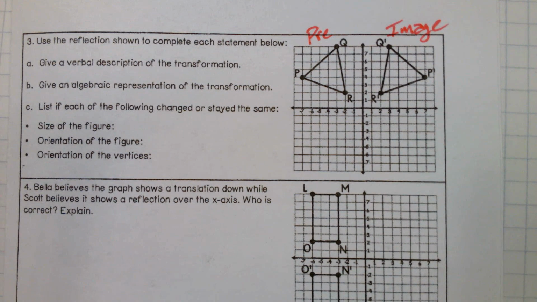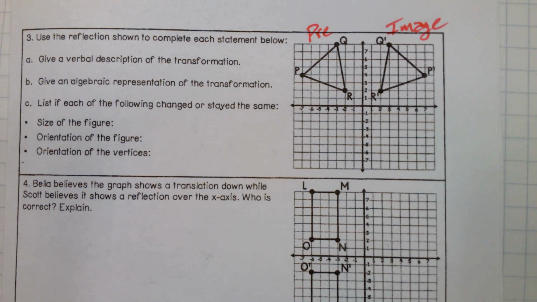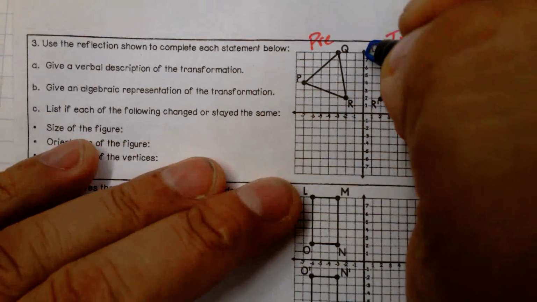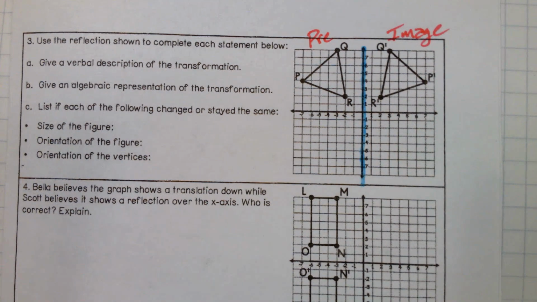Use the reflection shown to compare each statement below. All right. So A, give a verbal description of the translation. What type of translation was this? Over the x-axis or over the y-axis? Yeah, it's over the y-axis. This is our mirror. So let's write that down as our verbal description. Reflection over the y-axis.